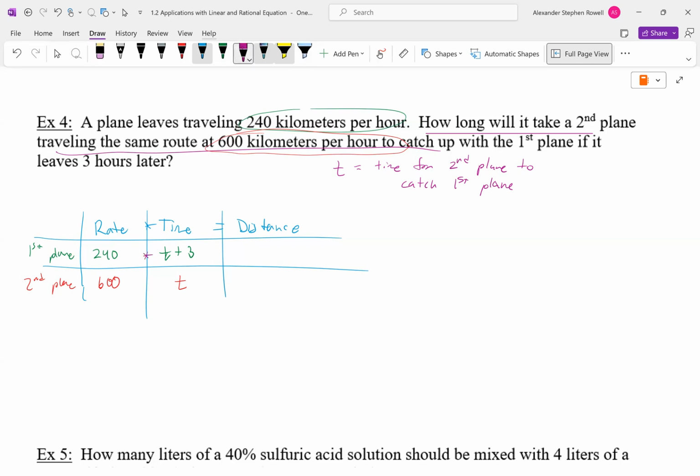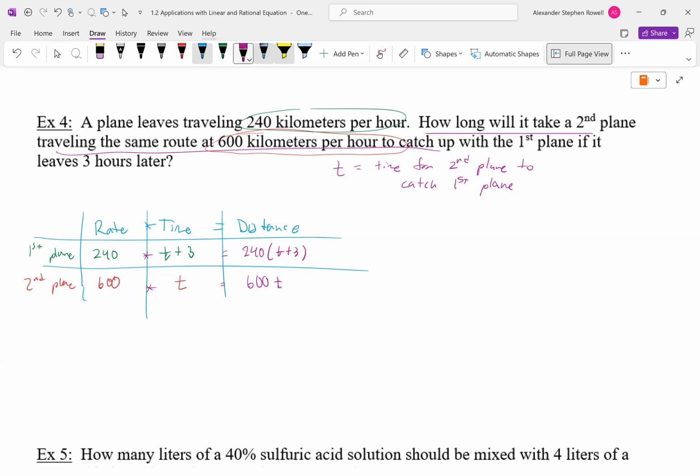Let's multiply across to get the distance. 240 times t plus 3 and 600t. Okay, what does this top box represent here? Distance traveled by the first plane, and this represents what?